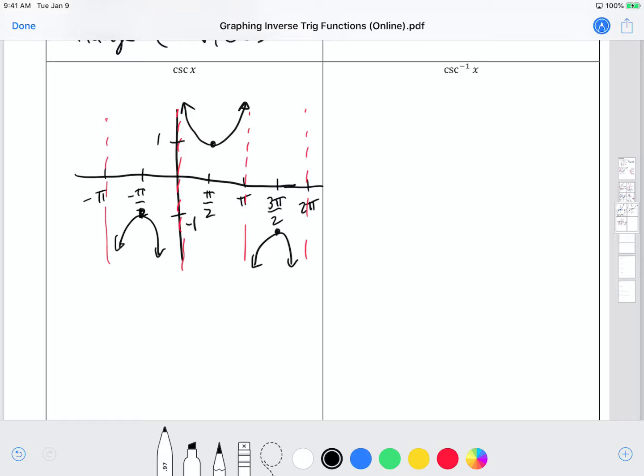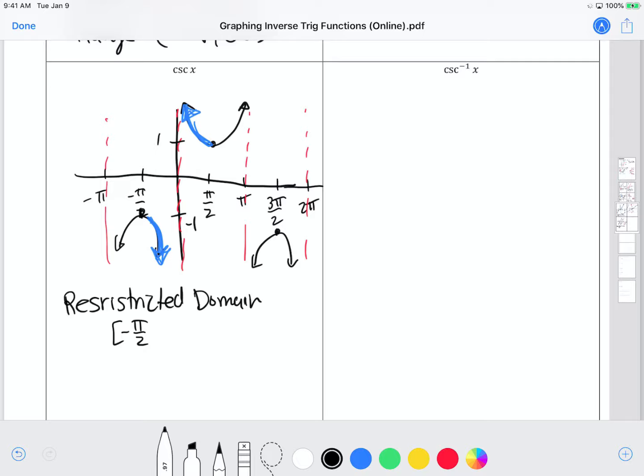So when we restrict the domain for cosecant, mathematicians have agreed to be consistent and keep it from minus pi over 2 to pi over 2. So they're keeping this piece here so that it's a 1 to 1 function that I just highlighted in blue. So the restricted domain for cosecant will be from minus pi over 2 to pi over 2.